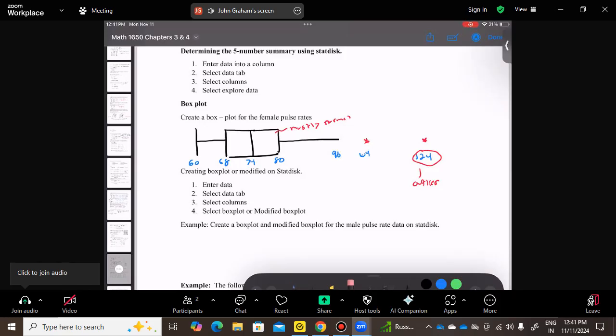It also takes away the bars at the ends for some reason. That's just to indicate it's modified. So that's how the modified one looks.